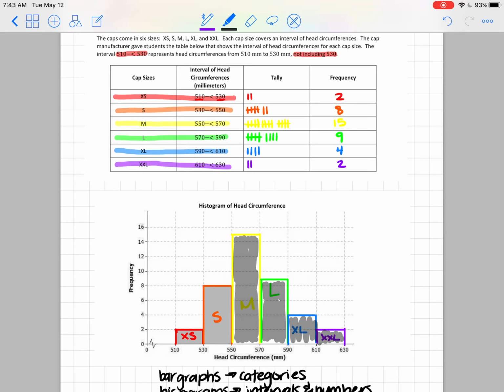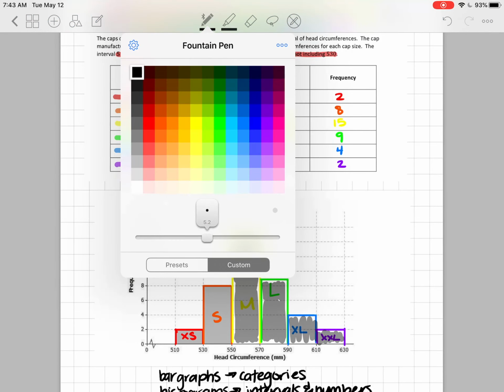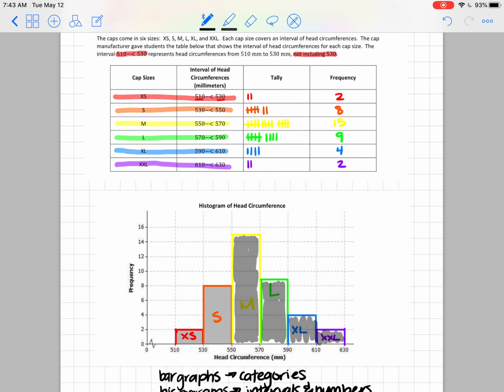The bars reach up to the frequencies. So the bars in a histogram represent the frequency. And down here are the intervals. We have our frequency on the y-axis and our intervals on the x-axis.